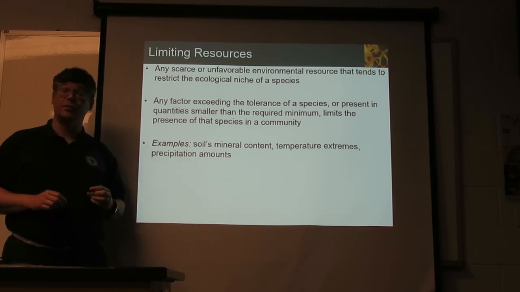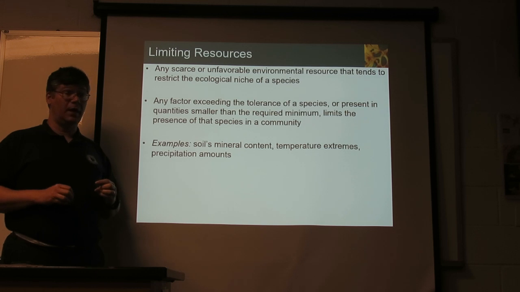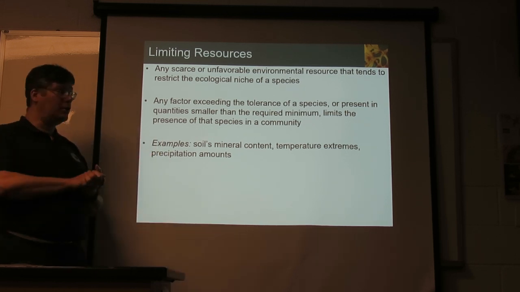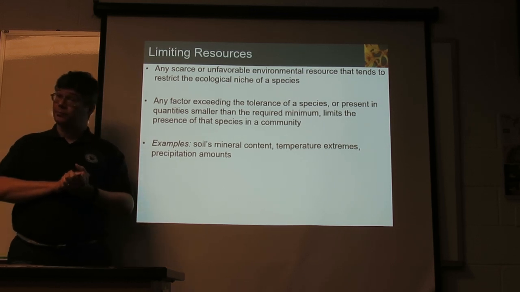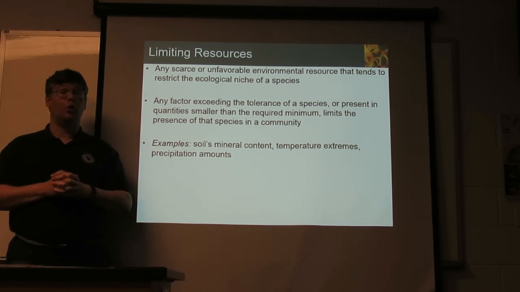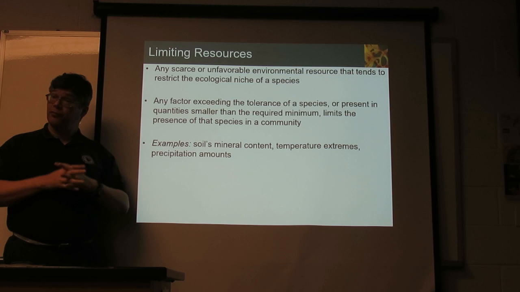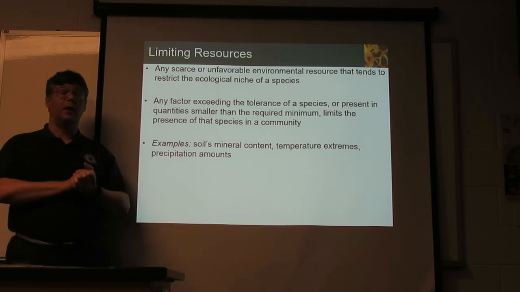Mineral content of soils: some soils can have very good proportions of minerals, lots of plants like it, but there's going to be too little or too much of certain things for some species to tolerate.